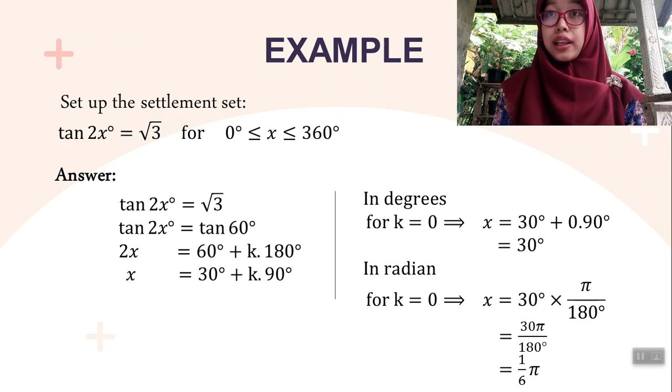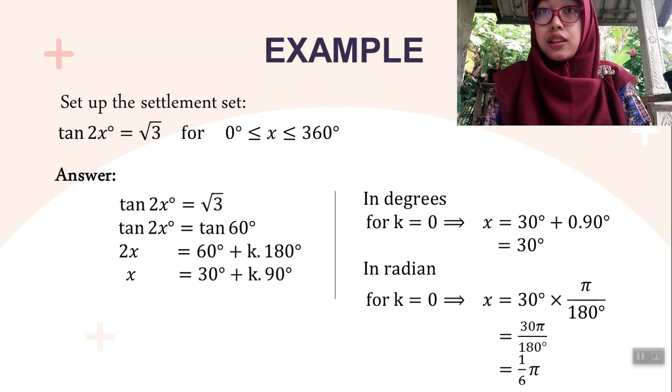So, we get 2x equals 60 degrees plus k times 180 degrees, or x equals 30 degrees plus k times 90 degrees. In degrees, for k equals 0, we get x equals 30 degrees, obtained from 30 degrees plus 0 multiplied by 90 degrees.